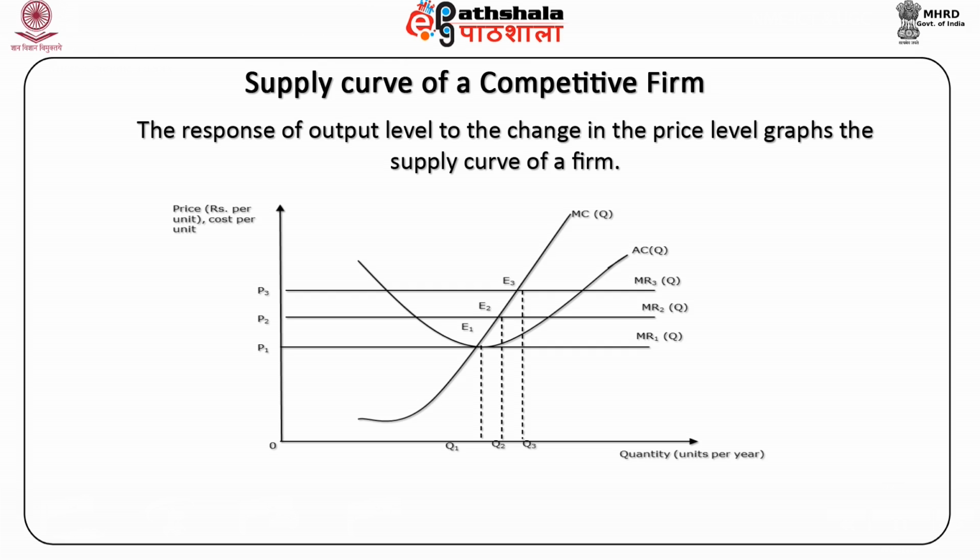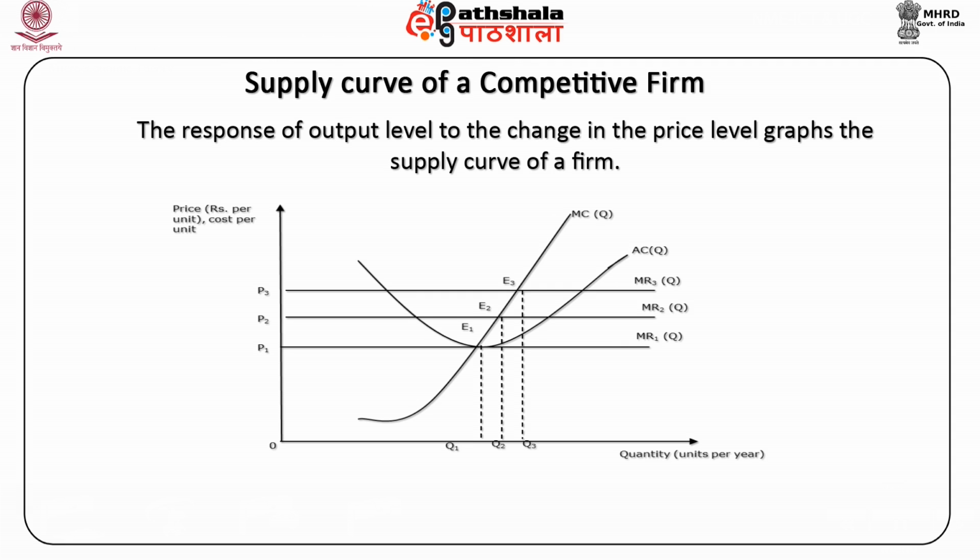Similarly, as price increases to P3, the equilibrium for a firm shifts to E3. With the increase in the price level, the supply by an individual firm is increasing, as can be seen from the quantity axis. Increased production becomes profitable at higher price levels only.